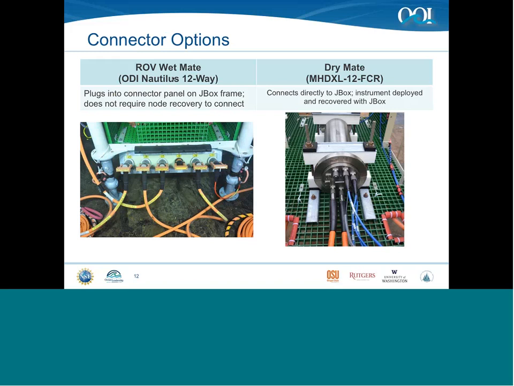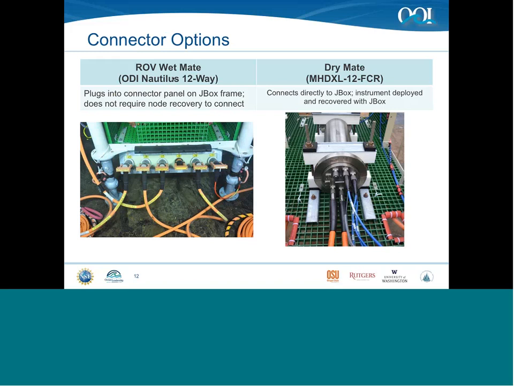So connector options, primarily new seafloor instruments use ROV wet mate connectors, which you see on the left-hand side. So these plug into a connector panel on the junction box frame. Good thing about those is we don't have to recover the node to either connect or disconnect the instrument.